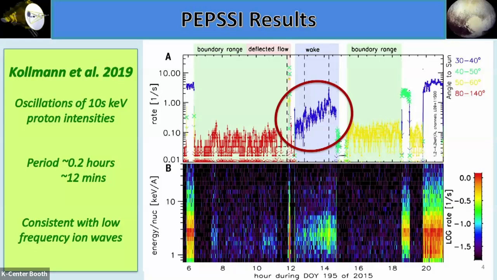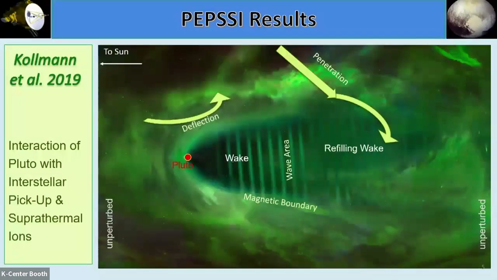And what the cartoon that Peter inferred from this is that directly behind Pluto, there's a sort of emptying or deflection of energetic particles around the interaction region. And then these particles get deflected into and fill up the wake behind, refilling the region behind.